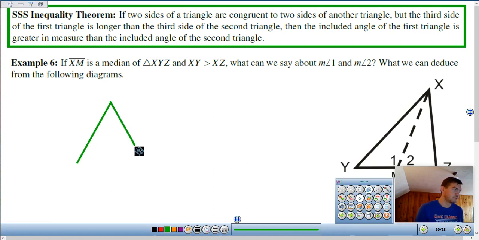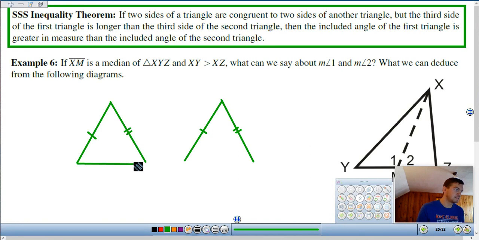We have, let's say that this side is the same as this one. These two are the same, but I'm telling you that this is 7 units long and that this one is 8 units long.